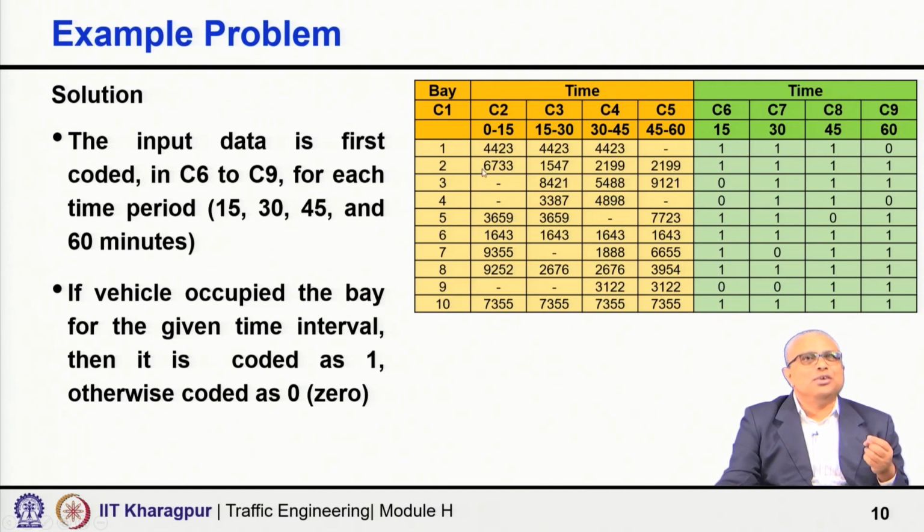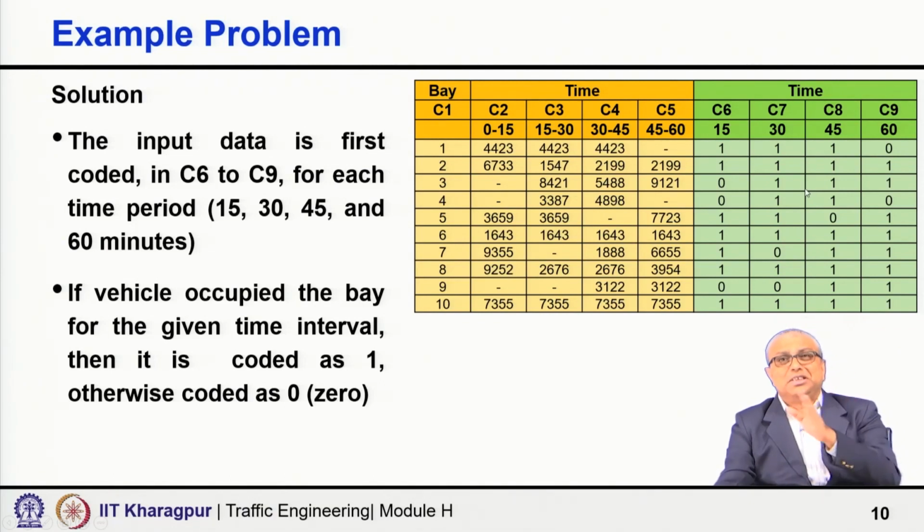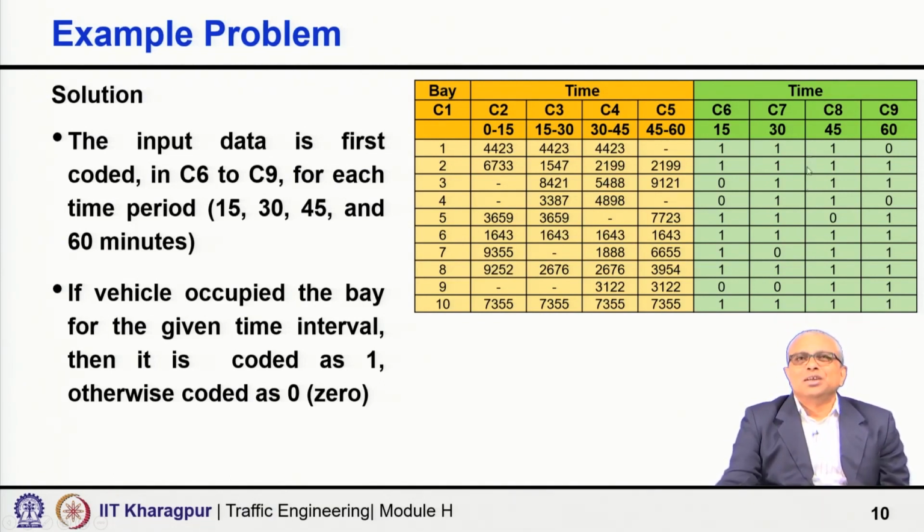So, wherever I noted the registration number, in all those cases a vehicle was parked, so make all those 1. Wherever it is empty, nothing is mentioned, that means no vehicle was observed, so make it 0, simple. So, at every 15, 30, 45 and 60 minutes, when I have taken the beat, you get these values.